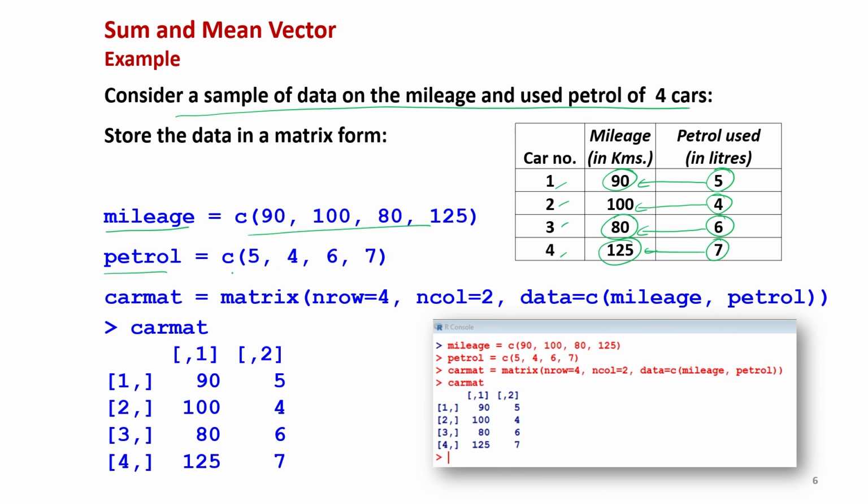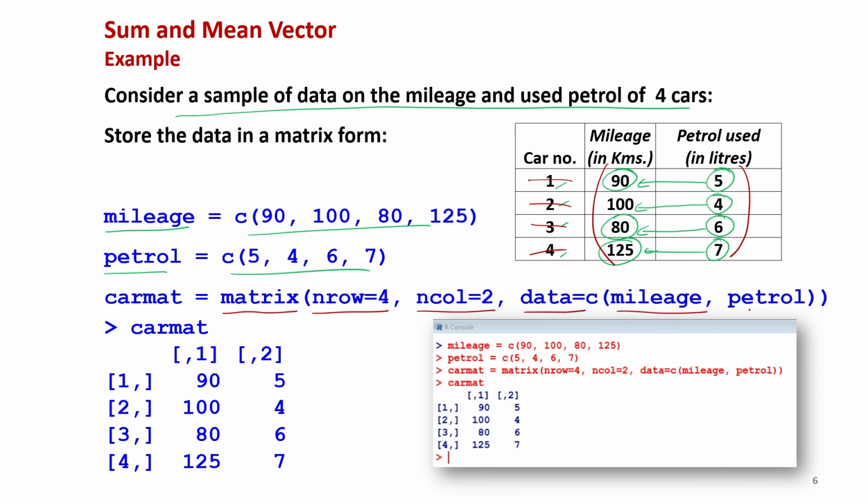So, this data has been stored in the form of these 2 data vectors, mileage and petrol, and when you want to consider them as a matrix, you first have to convert this data into a matrix. So, what I do here is create a matrix of order 4 by 2. How? The same thing I write down here to give it a matrix format: matrix, nrow equal to 4, that is 4 rows, and ncol equal to 2, 2 columns, and data equal to what?